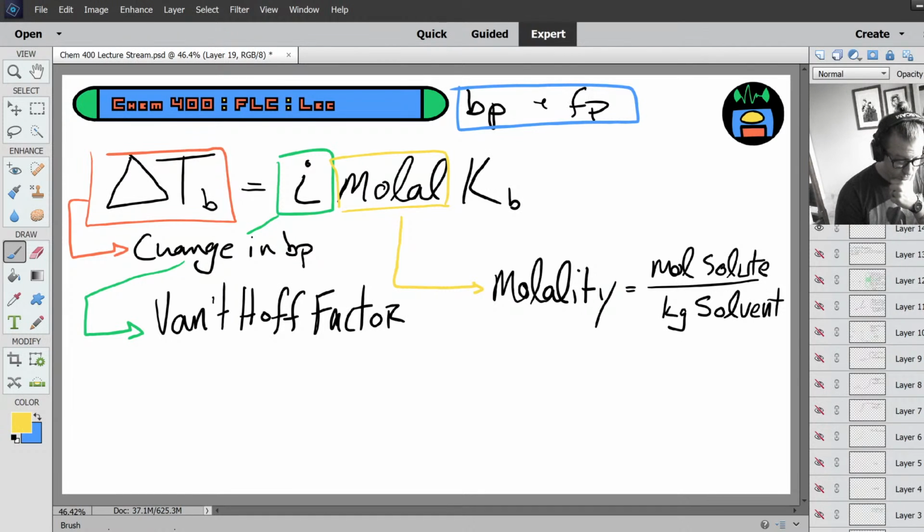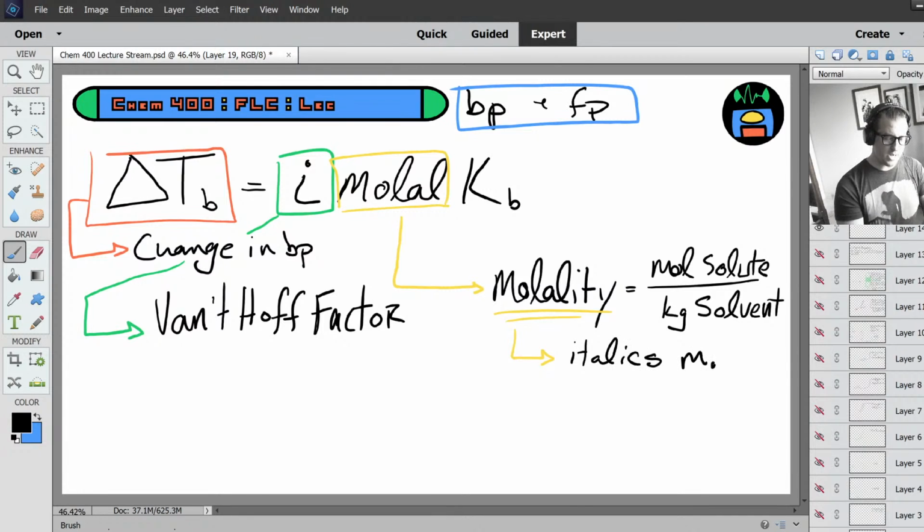Something to know about molality. The symbol for molality is an italicized m, which is very easy to confuse with mass. The symbol for mass is an unitalicized m. So when you notice a slanty m, that is molality.